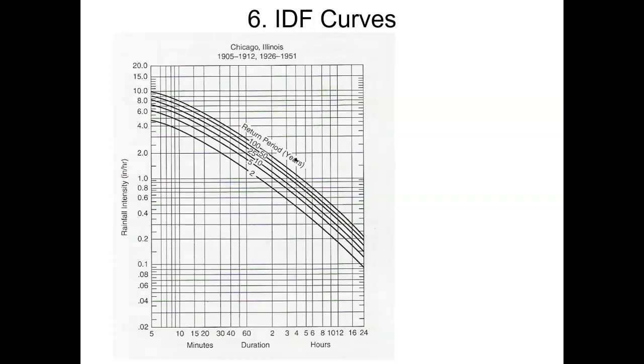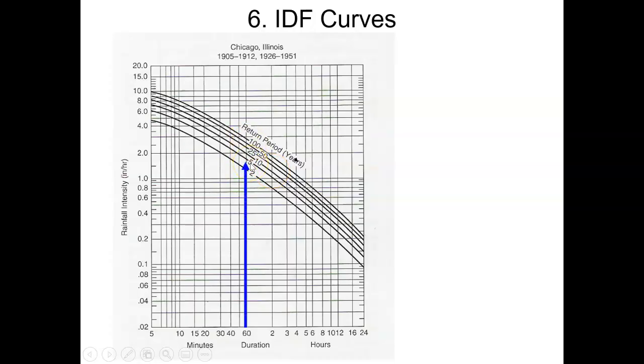So these can be represented in an IDF curve: intensity, duration, frequency. Rainfall intensity is on the y-axis here, the duration is on the x-axis, and we have a different curve for each return period.